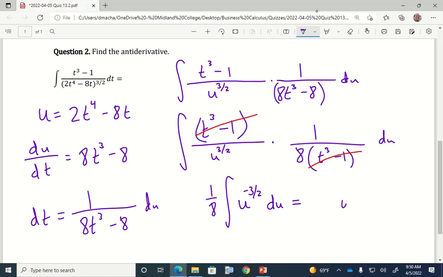And so adding 1 to the exponent would make that u to the negative 1/2 power. And then I divide by my new exponent. And dividing by negative half is the same thing as multiplying by a negative 2. And then I still have to divide by 8. I can't forget that, and I can't forget my plus c.